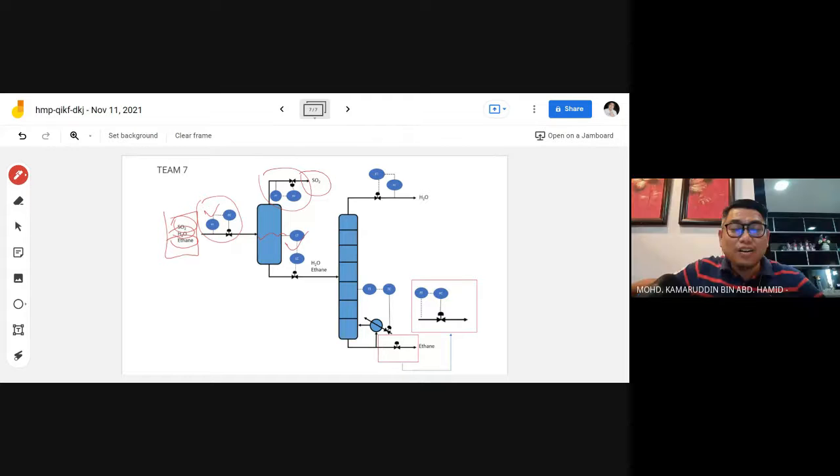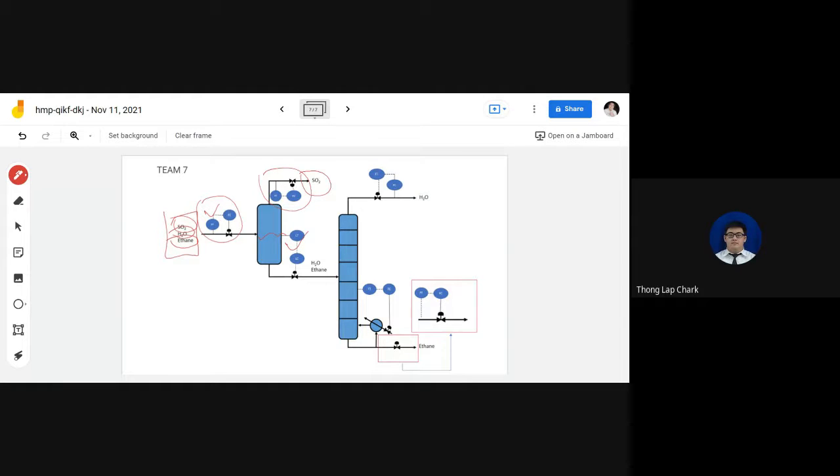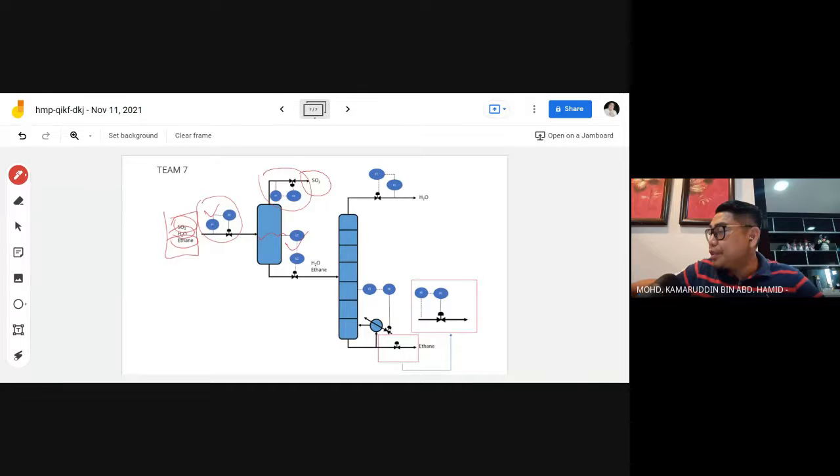Tak. Okay, why that, Tong? Why that you design this? Tak, sebab itu gas kita related dengan pressure dulu. Okay, I know. But do you know that you are dealing with the SO2 here?